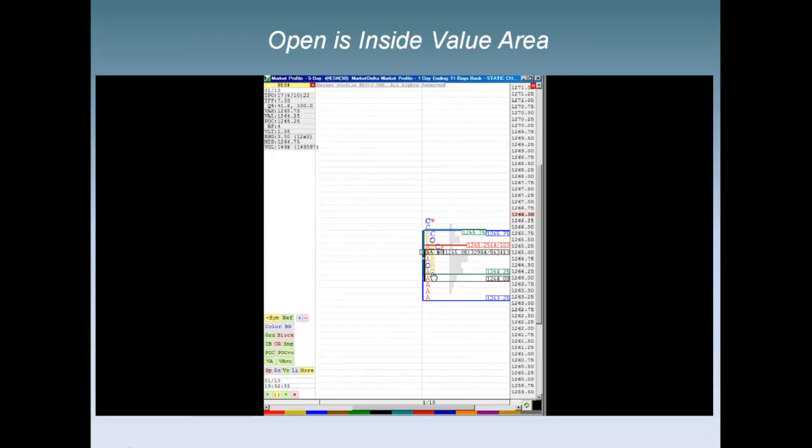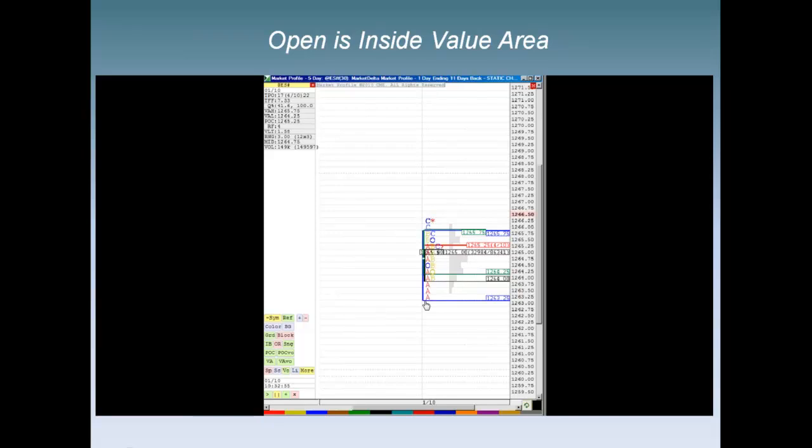Since B period moved to the upside and continued above A, we have a lower low here, a higher low here, and the low for the day is probably going to be right here.